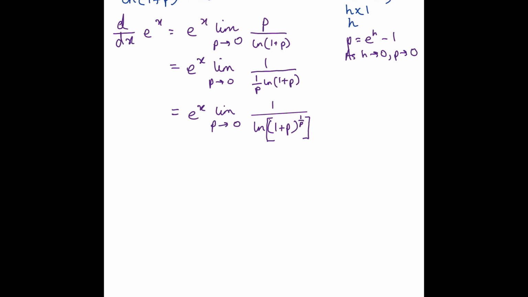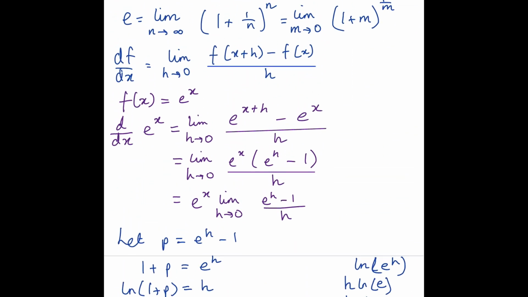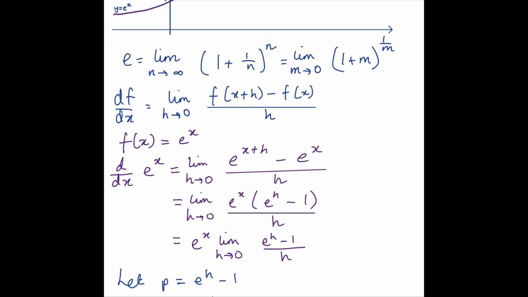Is there a way of linking this limit to the limit I introduced to you at the very start? This one here, the e one. If we look at the second alternative here, it's looking rather similar. But I think we can do a bit more manipulation to get it exactly like this.